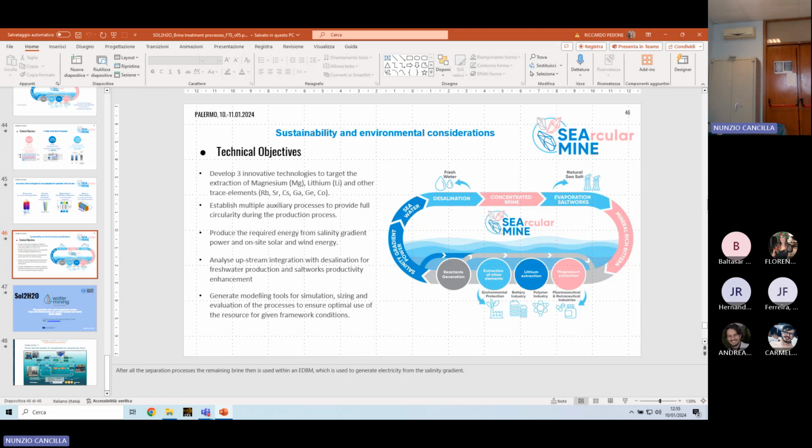Because, of course, when you target trace elements, it's a significant challenge. I mean, the amount of ions that you can recover and the cost associated to the recovery of these minor ions that are present. In some cases, it is a big challenge. But in principle, I think it's very fascinating, and could also be an important option, an important resource in the future.